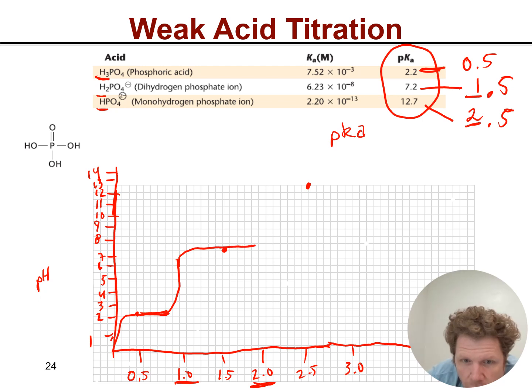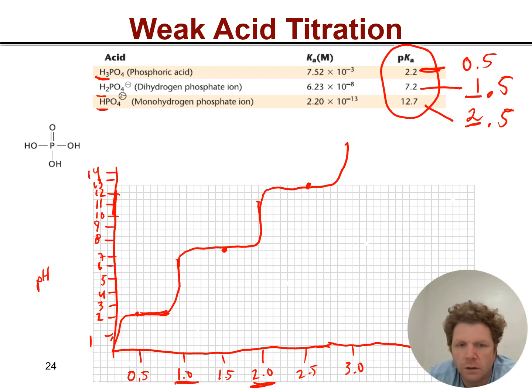Now, this isn't really a radical new thing with respect to drawing titration curves. You've done this a number of times. And it just so happens that I wrote pKa there, so I'm going to erase that. But this effectively is my titration curve.